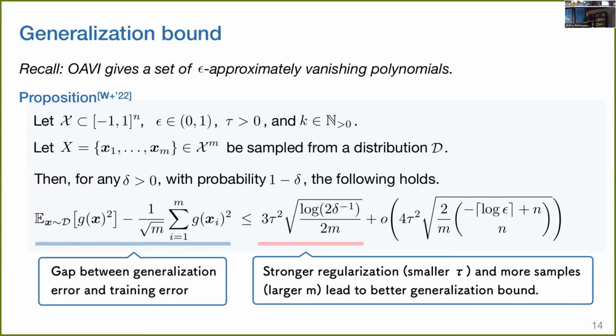I think it's the other way around: we have some algorithm that calculates polynomials, and then we want to know the generalization bound. Actually, the technique we use for the proof is very standard in machine learning for proving generalization bounds.